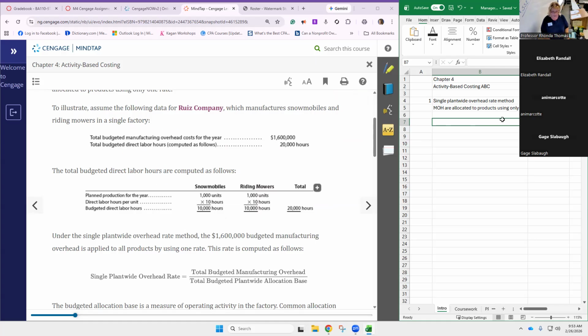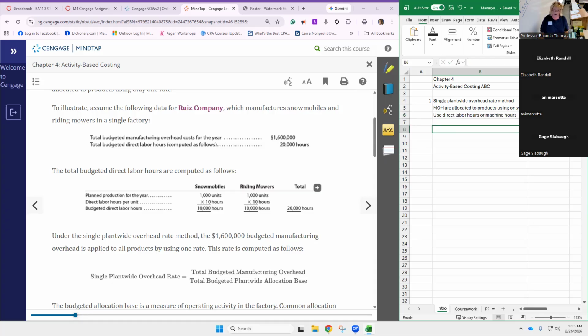Now, most of these single rate methods use either direct labor hours, which we've seen in job order costing and process costing, or machine hours. Those are usually two of the biggest cost drivers, especially in manufacturing.